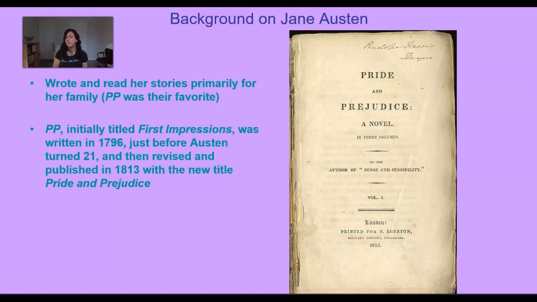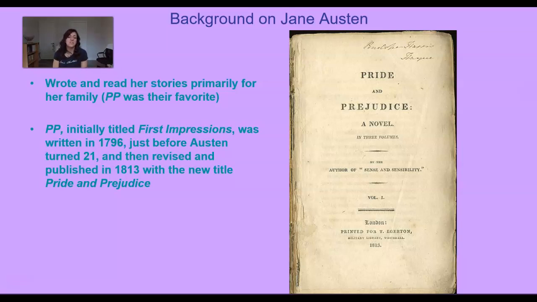And sometimes it's a negative first impression, sometimes it's a positive one. And the protagonists in the story, Elizabeth and Darcy, when they met each other, they had a lot of bias and a lot of prejudice. And so later on, Jane Austen decided to title her novel Pride and Prejudice, which were the 2 main flaws of the main characters. And I'm going to have you guys guess later on which one is pride and which one is prejudice. I think you'll realize it probably after volume 1.